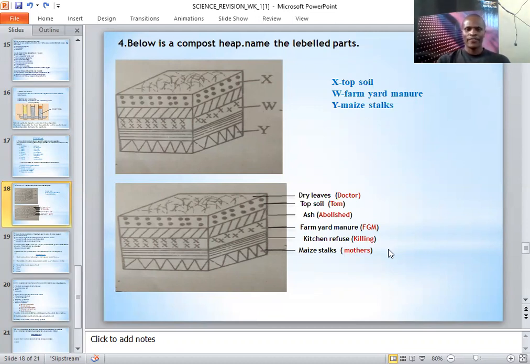So if you have this in your mind, you are able to label all the parts when given any compost manure. So X was topsoil, W was farmyard manure, and Y was maize stalk. Check on that diagram the way I've labeled it and ensure that you copy it. If you have forgotten, you can check it again using that mnemonic formula.